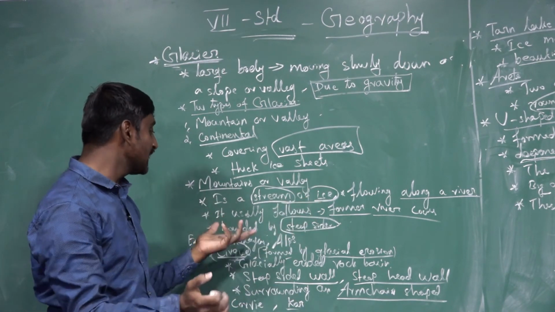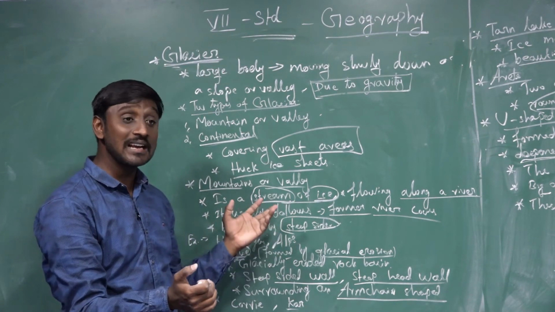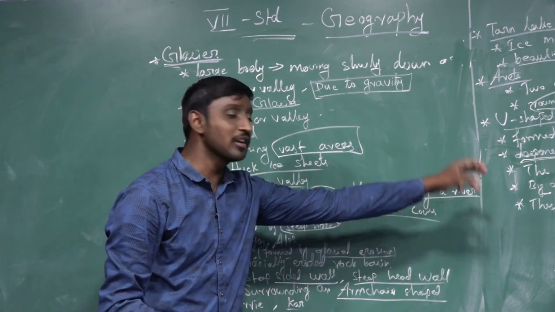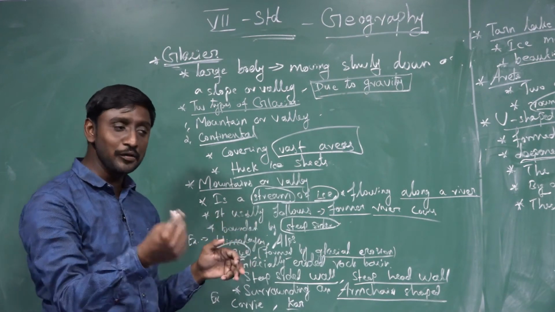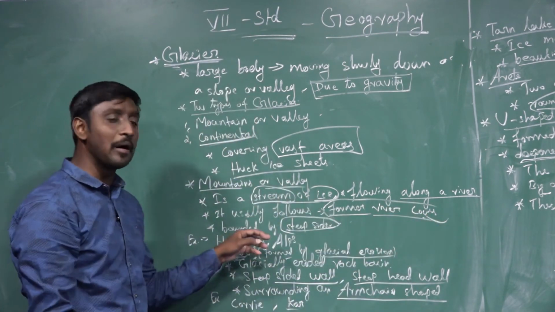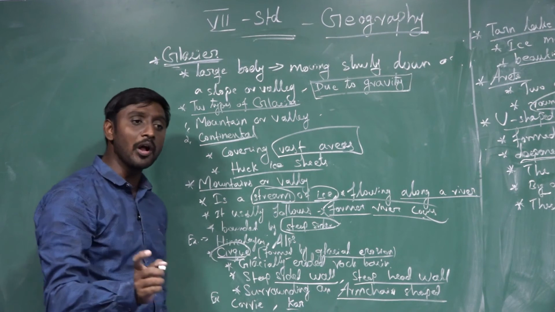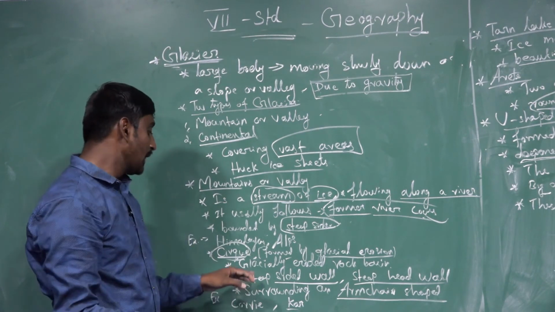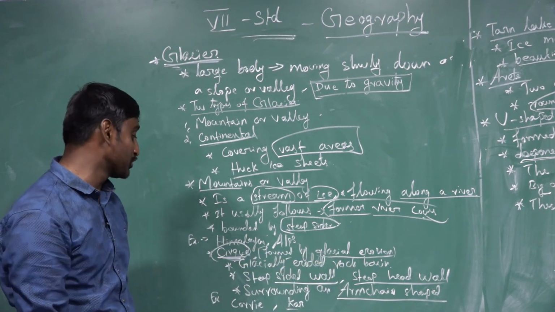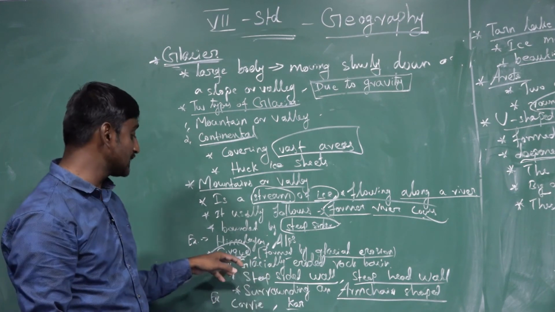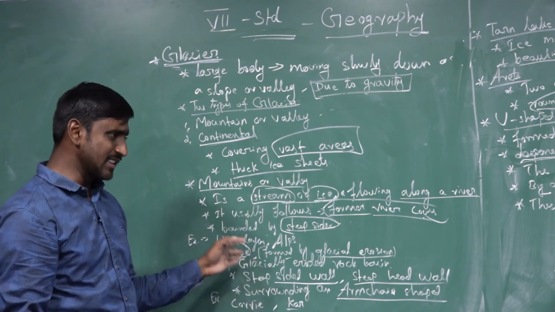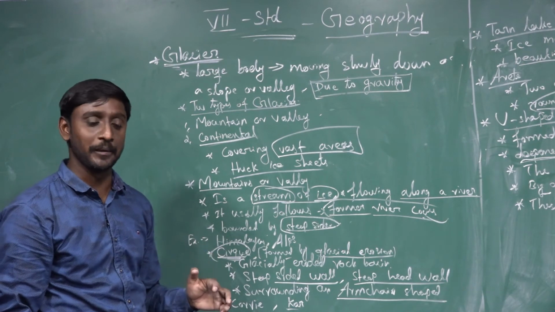A mountain or valley glacier is a stream of ice flowing along a river, usually following the former river course and bounded by steep valleys, for example the Himalaya and the Alps. The cirque is formed by glacial erosion, with a steep side wall and a steep head wall, and looks like an armchair.